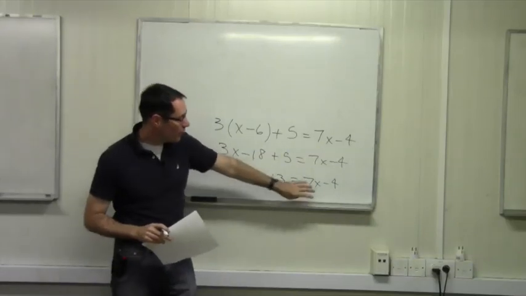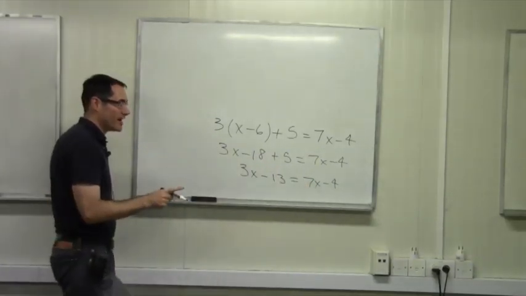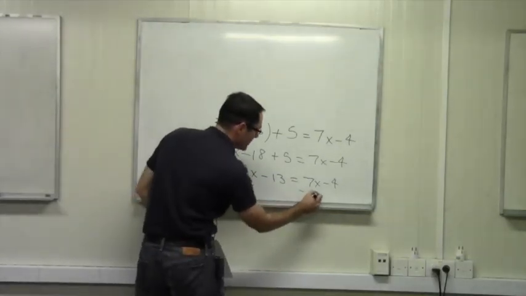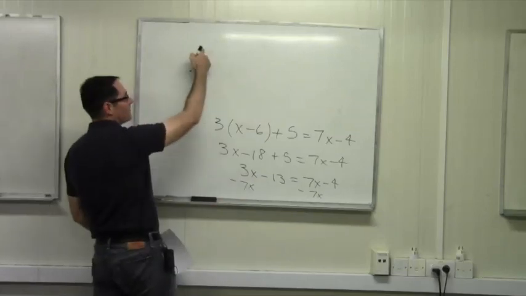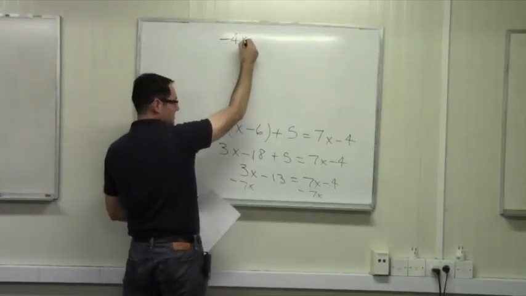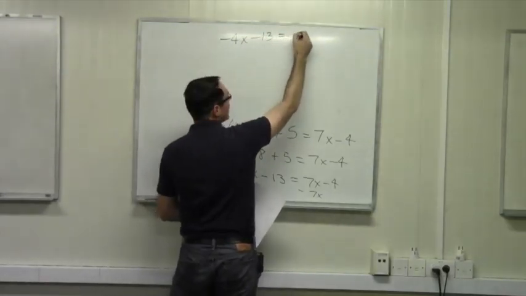So we want to get rid of the 7x over here. So you're going to subtract both sides by 7x. So minus 7x over here and minus 7x over here. I'm wrapping up to here. 3x minus 7x is negative 4x. I'm going to leave everything else the same, equals negative 4.